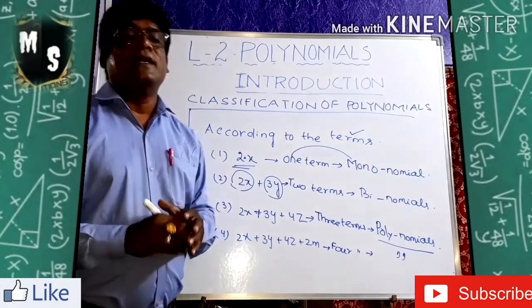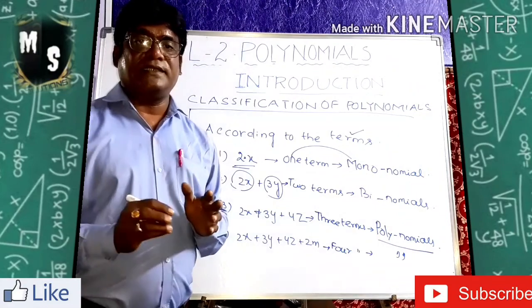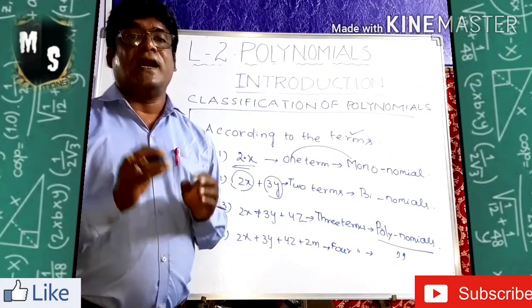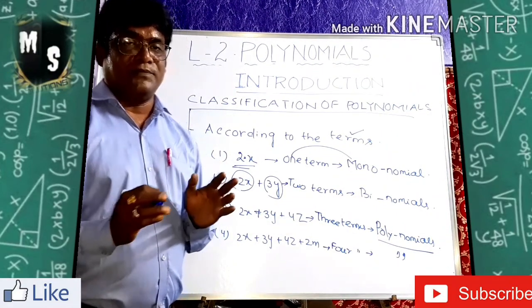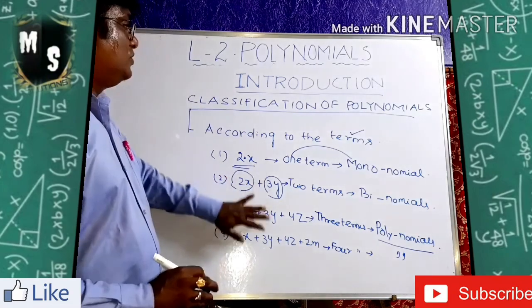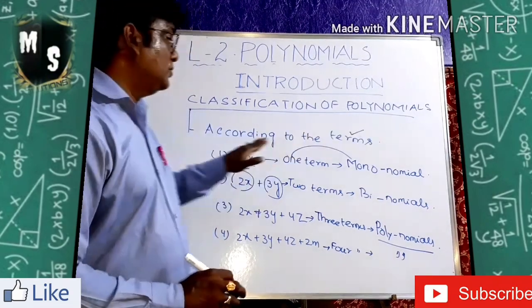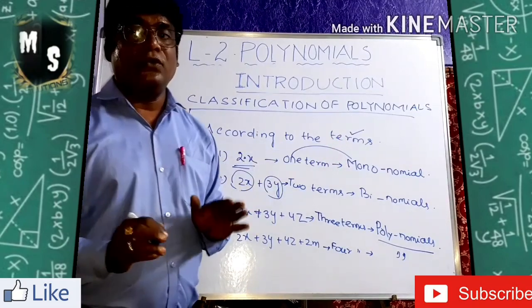So a polynomial is an algebraic expression which carries the constants and the variables and is separated by the algebraic symbol plus or minus. I hope the classification of polynomial according to the terms is clear to you.